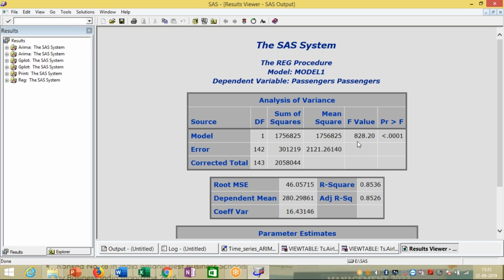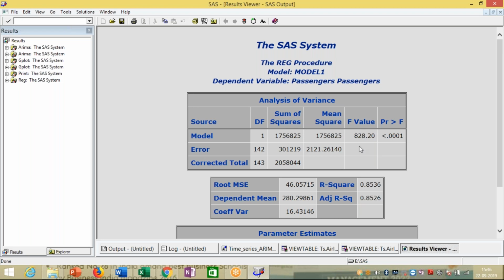Now the F value, as we had talked about, gives us an idea about the explained variation that I have relative to the unexplained variation, right? So my ESS by RSS is equal to 828. It means my explained sum of squares is 828.2 times my unexplained variation.